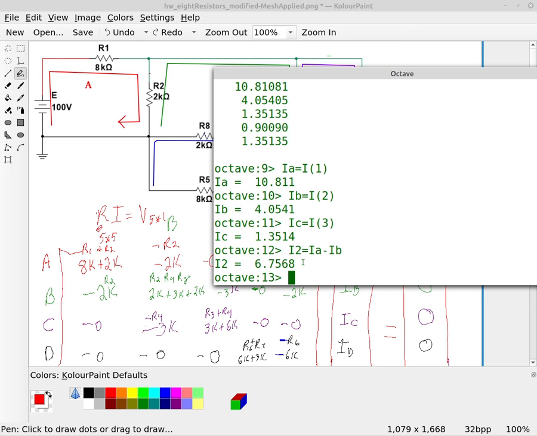And so if we were going to put that in Blackboard, right, we would put 6.76, because to the right of the third digit is 5 or greater. And so we're going to round up this number, and so we get 6.76 milliamperes. That's how we would put that in. You know, if the homework was asking for I2, that's how we would put that in there.